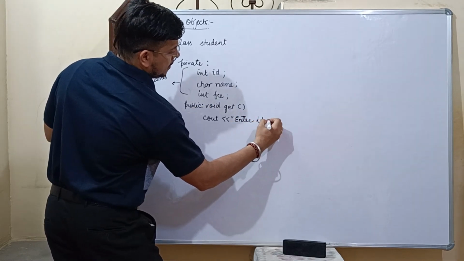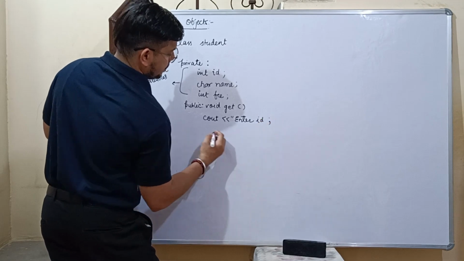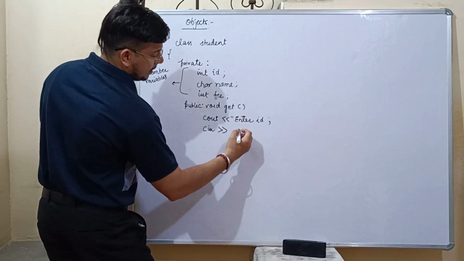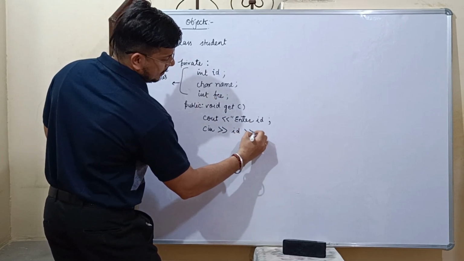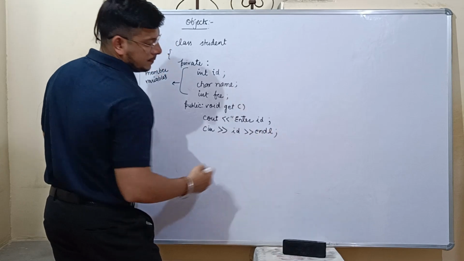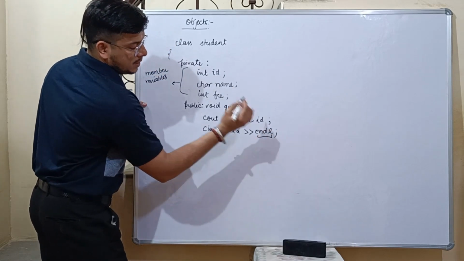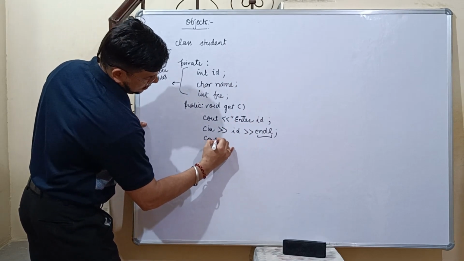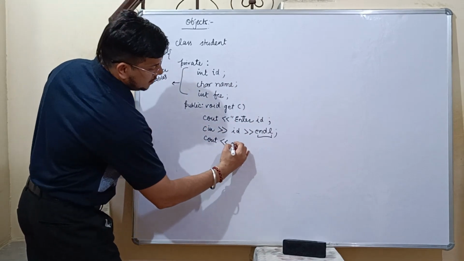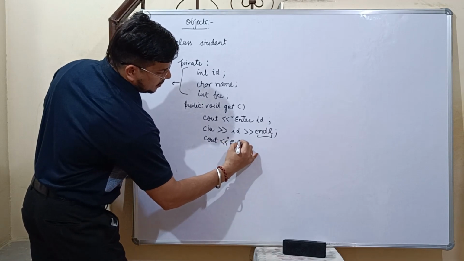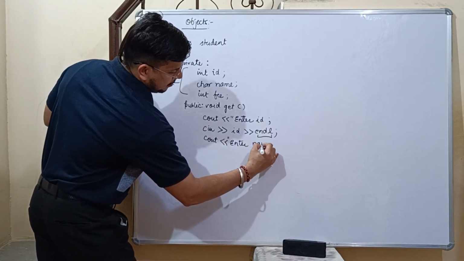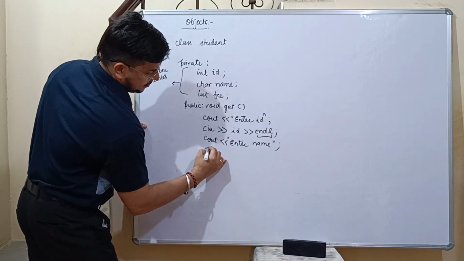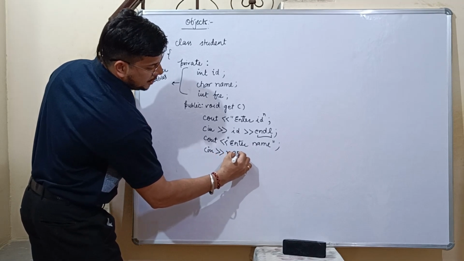Enter ID, cin ID, and endl. This is for transferring the control, or printing, to the next line. Cout, enter name, cin name.